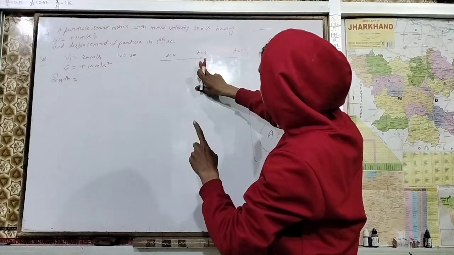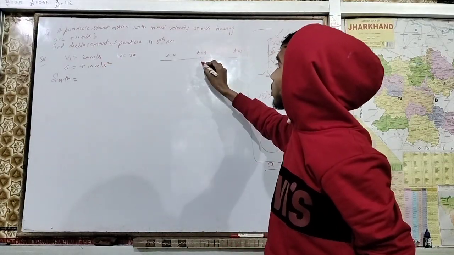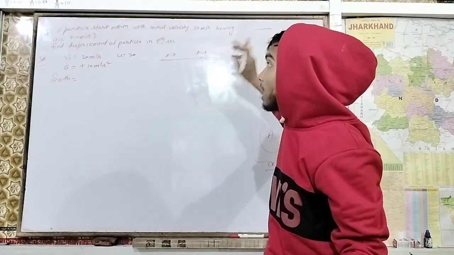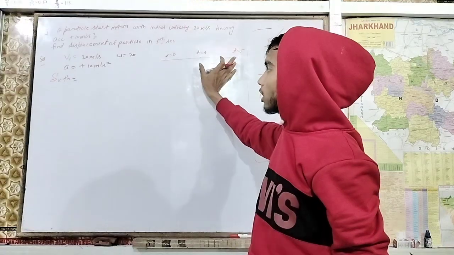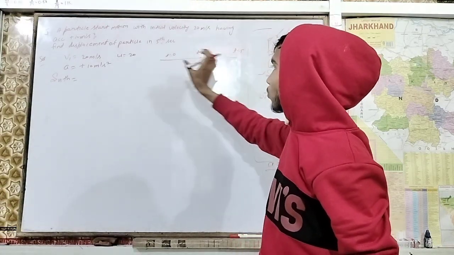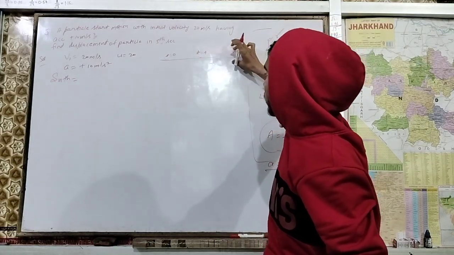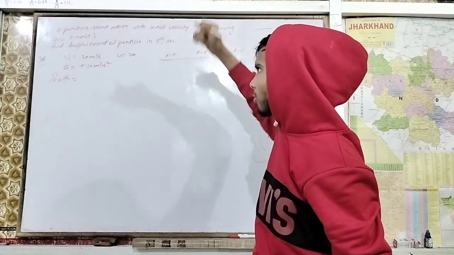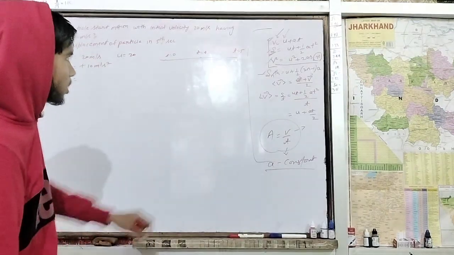So it started motion from here with the initial velocity. Final velocity can be anything. And acceleration is constant, 10 meter per second squared. In this second, what would be the total displacement? That is what we have to calculate by using this formula.